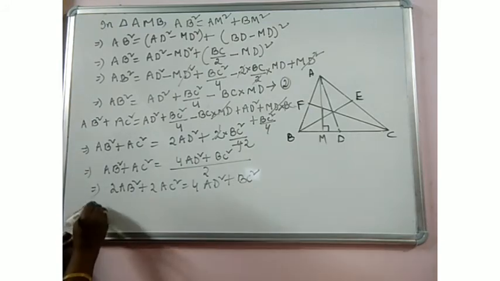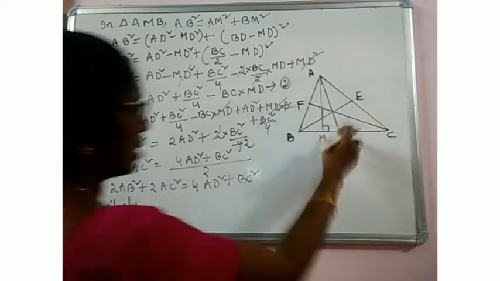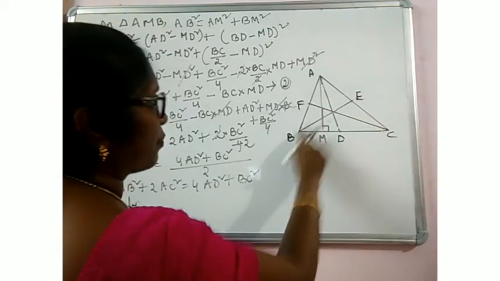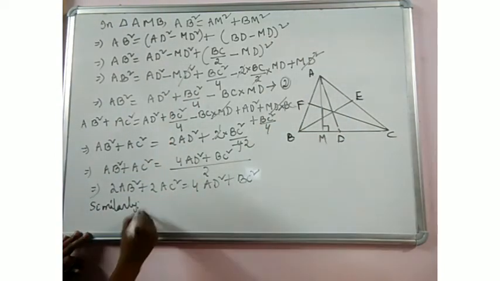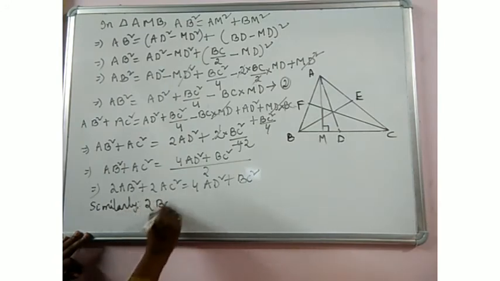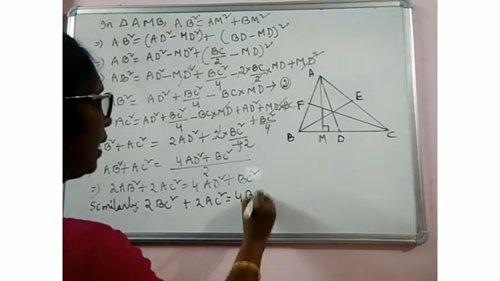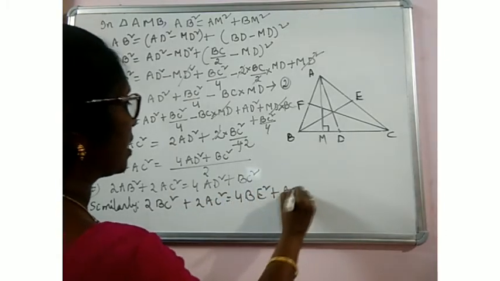So similarly we have done for this. If you take the perpendicular from B to AC, what you are going to get is 2BC square plus 2AC square equal to 4BE square plus AC square.